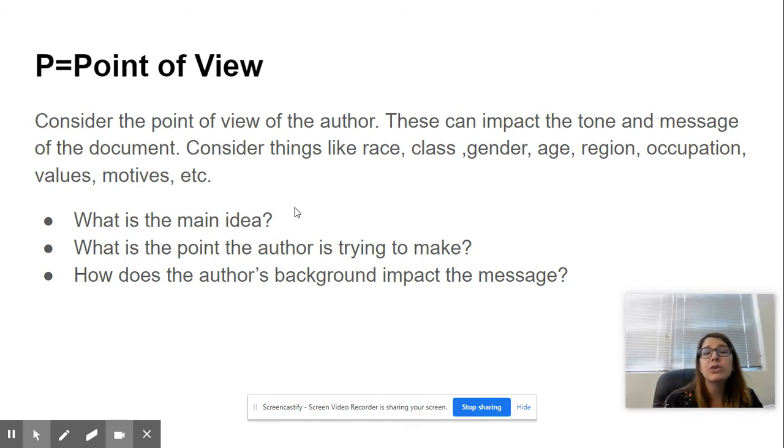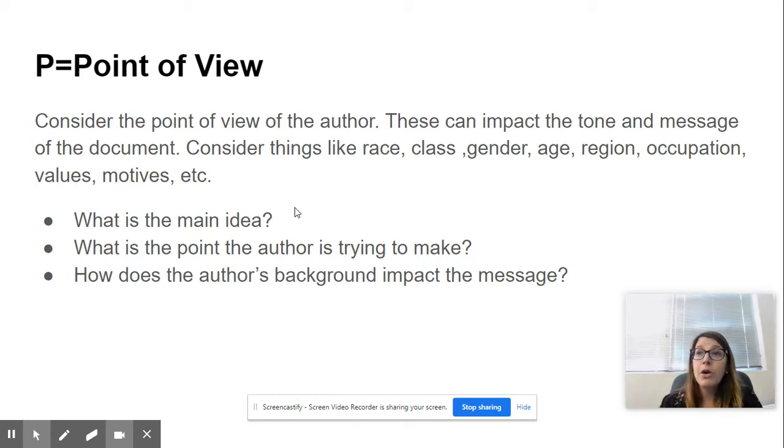So as we get towards the constitutional period, there are things called the Federalist Papers, right? You might know Hamilton was a writer of a majority of the Federalist Papers. So if I was looking at one of those Federalist Papers, I would say, well, I know that Hamilton is for this Constitution, right?